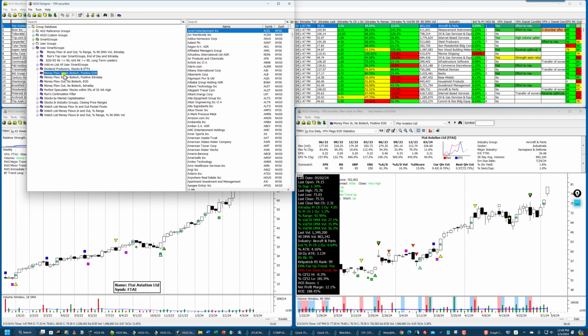Now, biotech is such a huge group, and I rarely am interested in biotech, so I created user smart groups using the money flow filters for end of day and money flow in and out end of day, and there's also for intraday if you want to update intraday and apply filters.